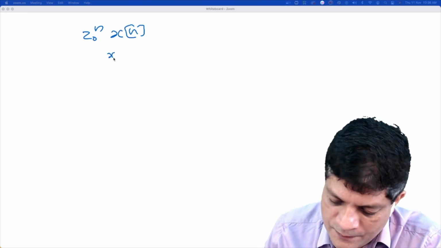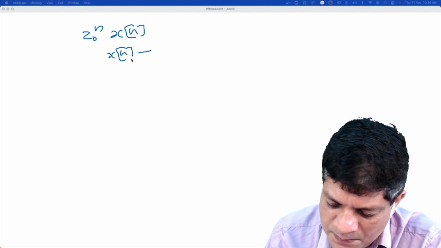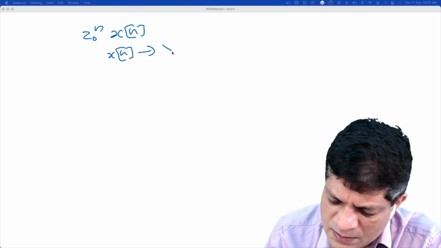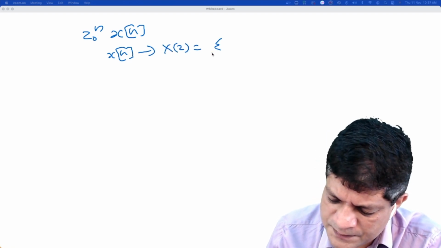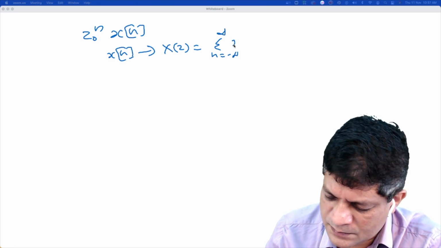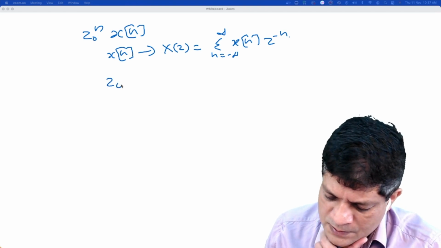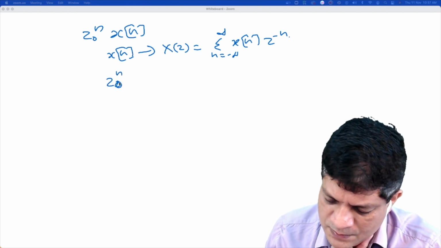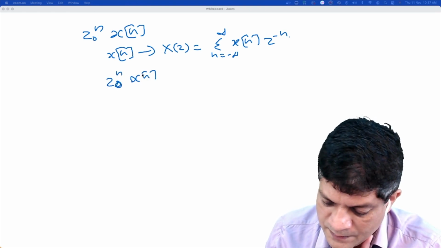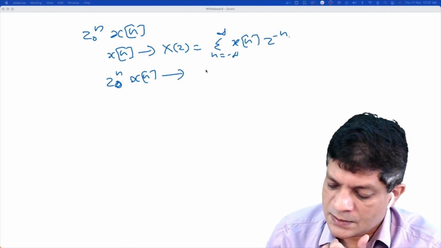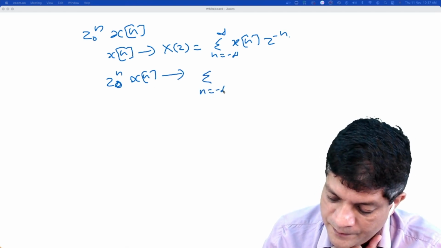Okay. If x[n], this is straightforward, the proof is straightforward, is X(z), so what about z naught to the power n, x[n]? What is the z transform? Is it this?